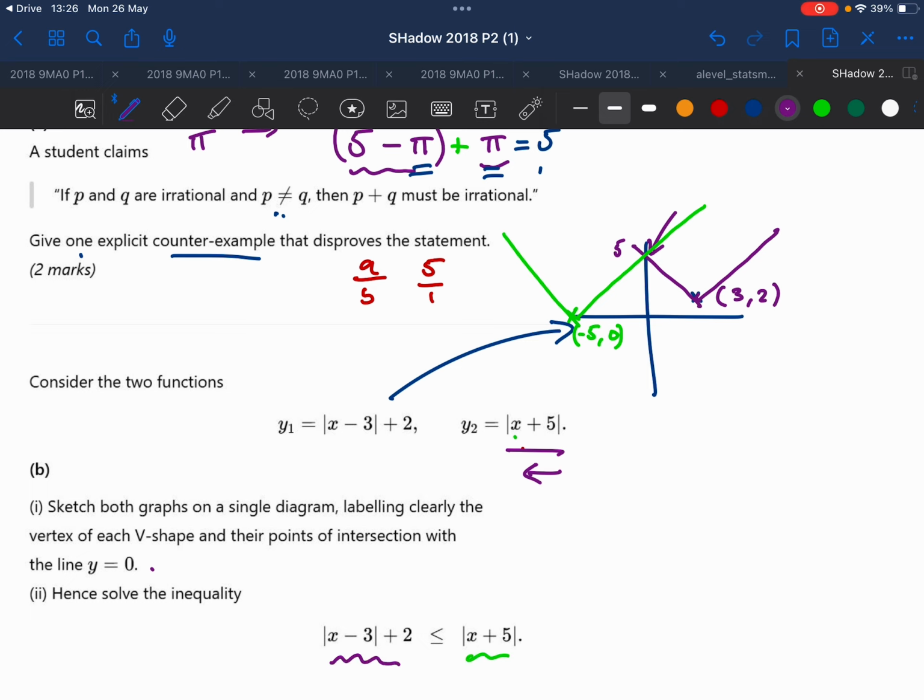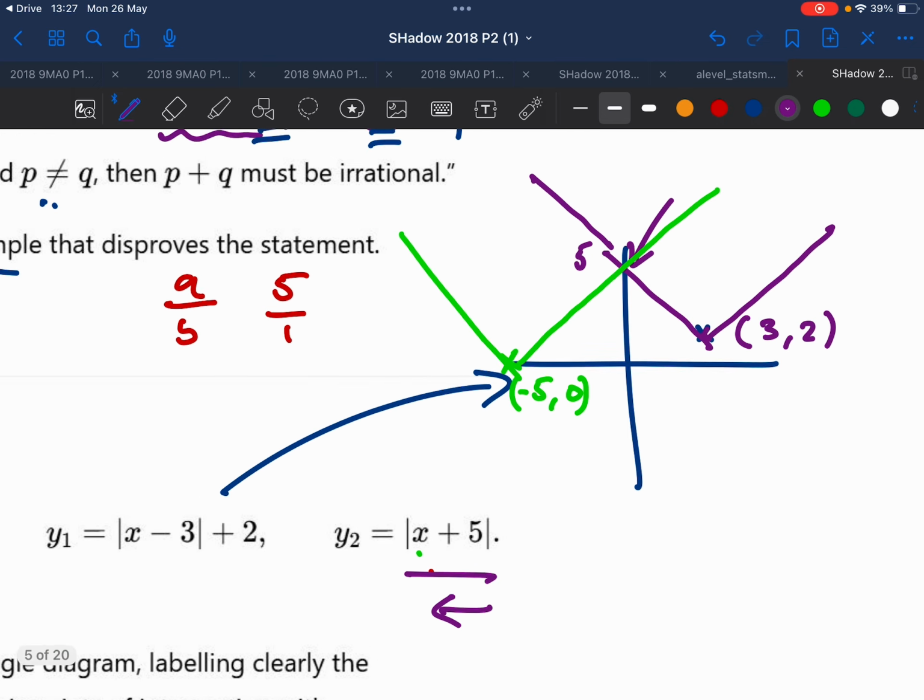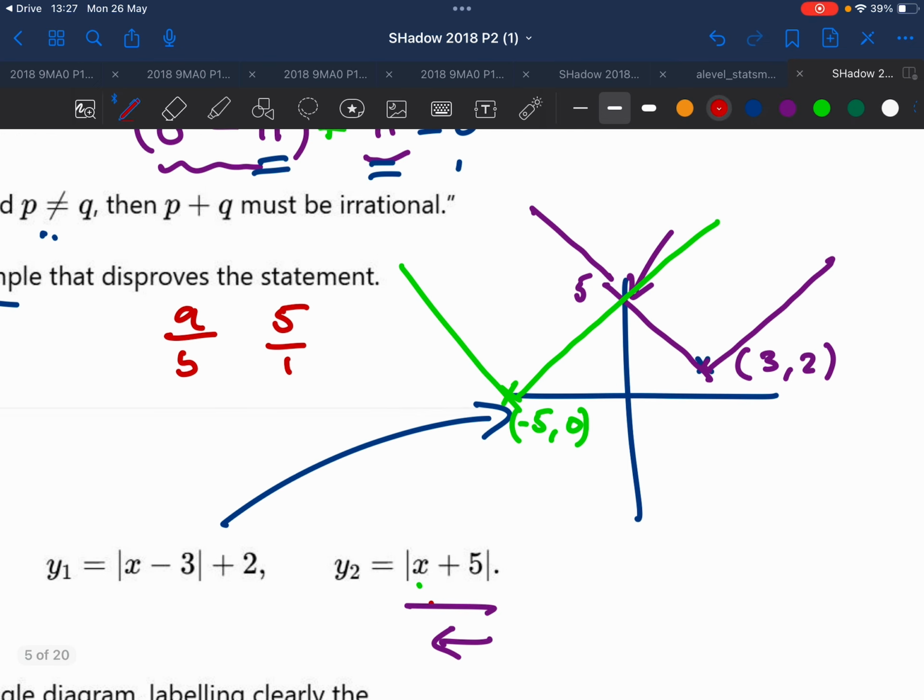So it's saying, when does the purple one have a lower value than the green one? Okay, well, if we extend this out over here, you can see that on the left-hand side, the purple line's always going to be higher, isn't it? So it seems like we're interested just on the right-hand side. Now, let's split it up into some regions. In this region over here, because they've got the same gradient and the green line's already above, that situation's never going to change.